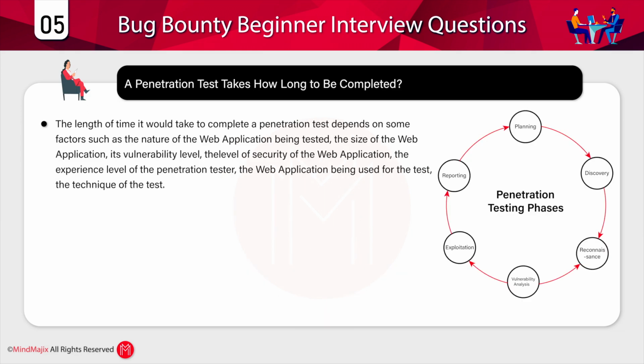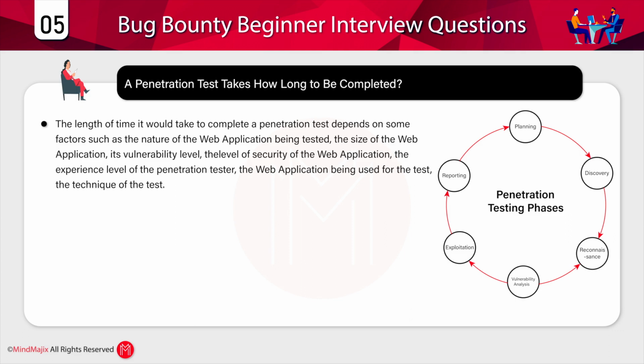The fifth question the interviewers mostly ask is how much time it takes for a penetration testing to be completed. The duration purely depends upon factors and the nature of the web application, like the size of the web application, what vulnerabilities it has, the level of security, and what technology they have used.